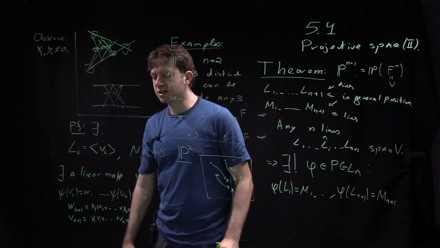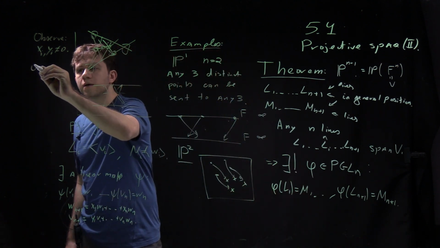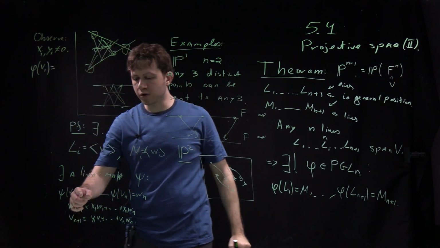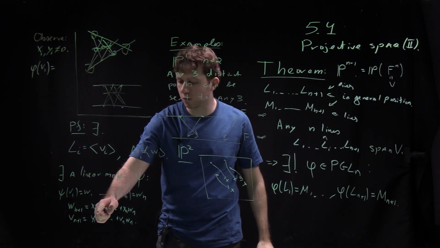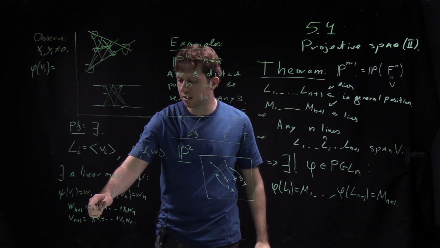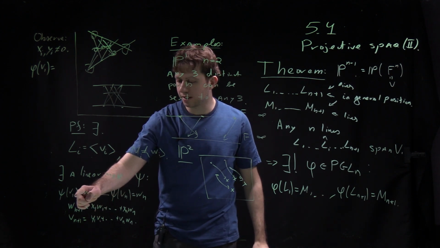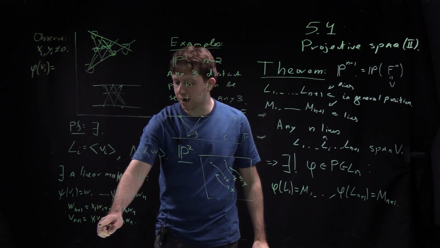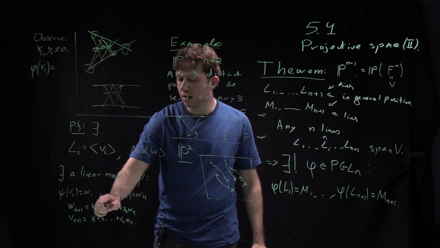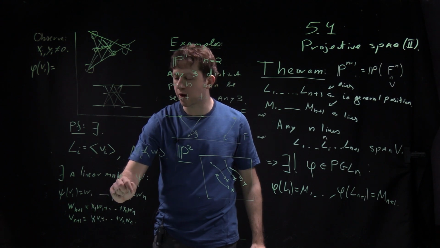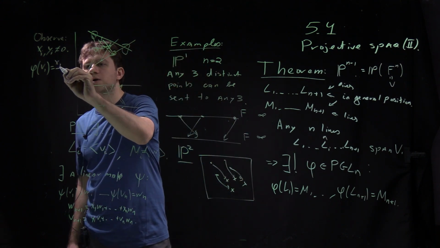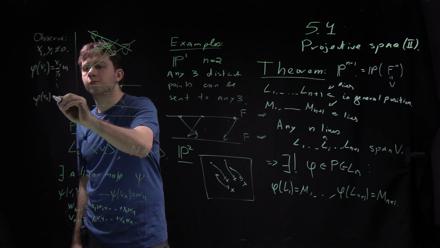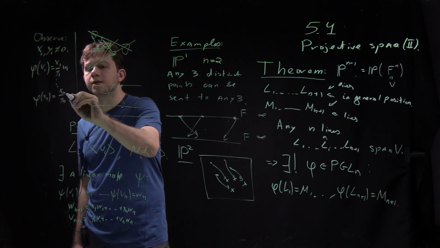And then let's take phi of v1. I want to send it to some rescaled w1, so I want to send v1 to x1 over y1 w1, and so on, phi of vn equals xn over yn wn.